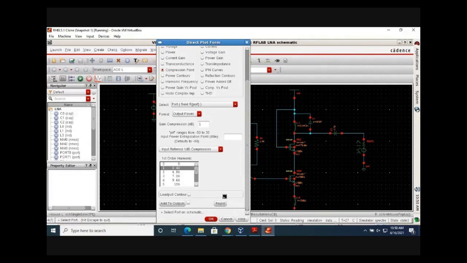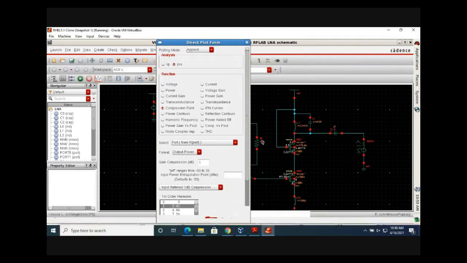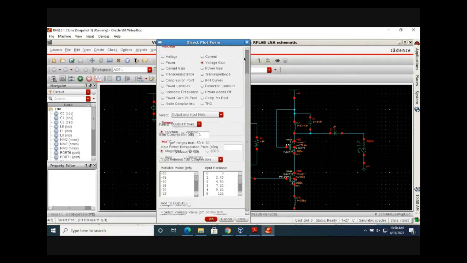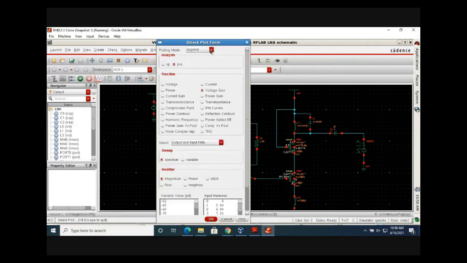But it's taking some time. I think it is done now. I have selected PSS. I'm just replacing the plot because I have already plotted it.